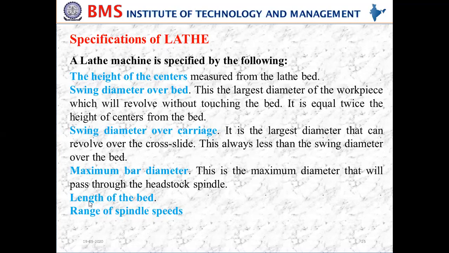And the length of the bed is measured from the headstock end to the tailstock end, parallel to the axis of rotation. It indicates the approximate floor space occupied by the lathe.